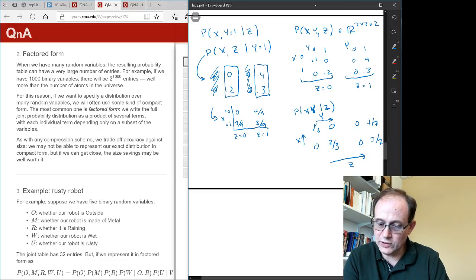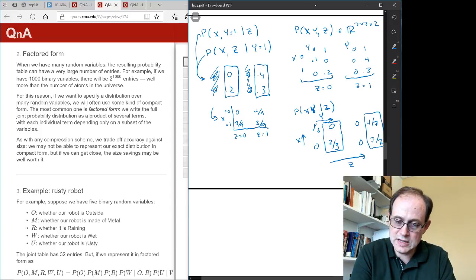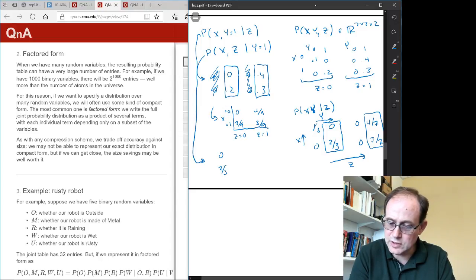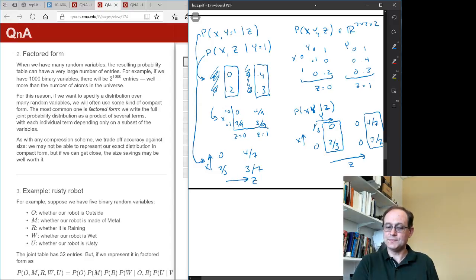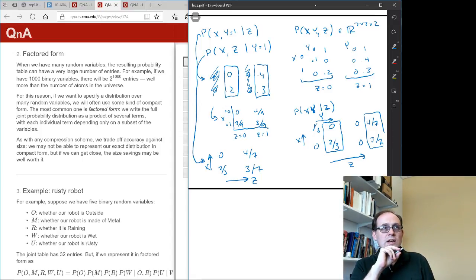And so it's just this pair of elements and that pair of elements, like that. And so this here is the table 0, 2/3, 4/7, 3/7, and y is fixed, so it has just an x mode like that and a z mode like that. All right, so hopefully that makes sense. Hopefully that helps to interpret what these tables are.